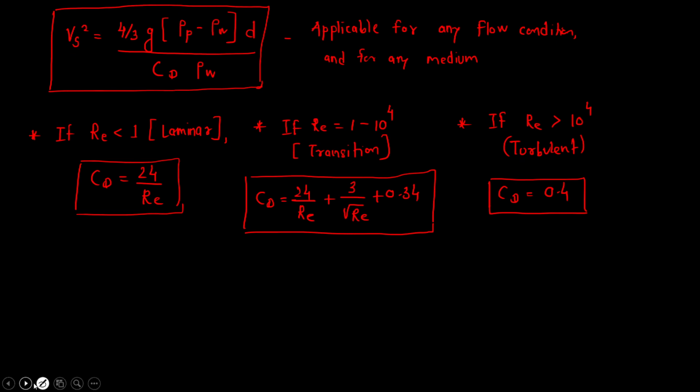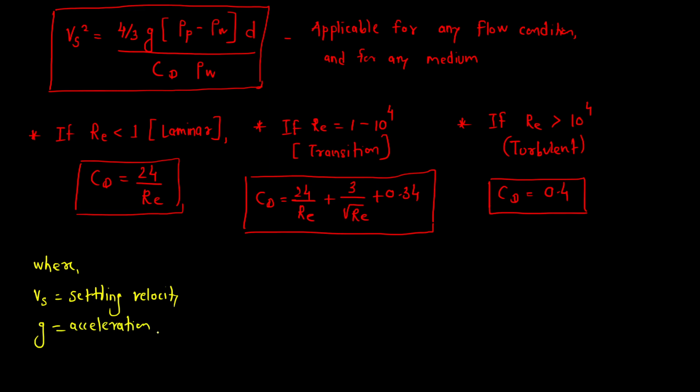Now here other terms, we'll write the meaning of each and every term starting from Vs. So Vs means settling velocity. Then this g stands for acceleration due to gravity. What is the value for g? 9.81. Then this rho p and rho w.